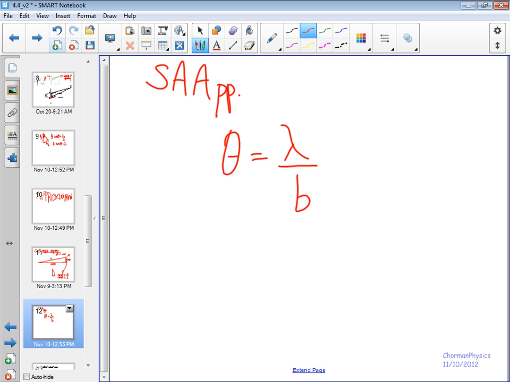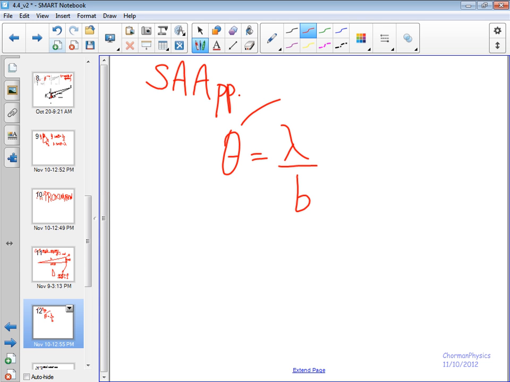What we call this is our single slit diffraction formula. This is what we're going to be using to determine the angular position, based on the wavelength of the wave and the size of the opening, of where the first dark fringe is going to be.